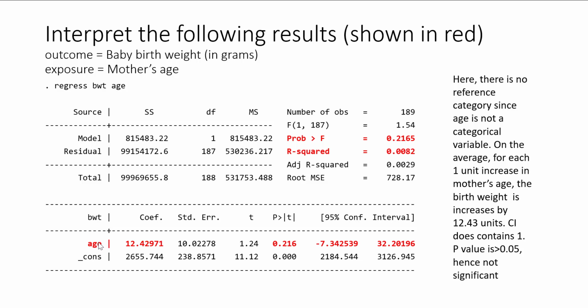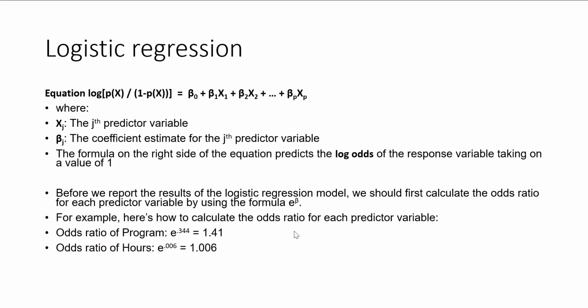So how I will interpret it will now change. I will now say that for each 1 unit increase in age of the mother, the baby's weight increases by 12.42 units. All right. However, it is not significant. Then we talk about logistic regression. Like I told you before, whenever you are expecting a binary outcome, okay.